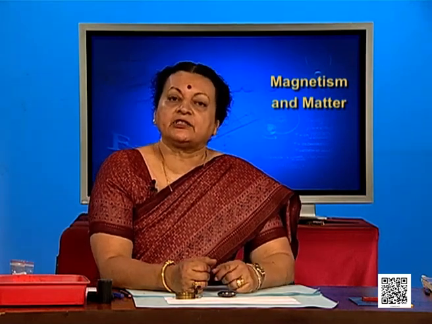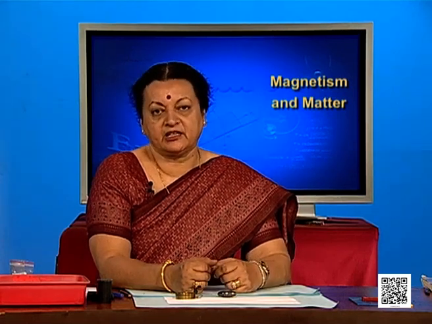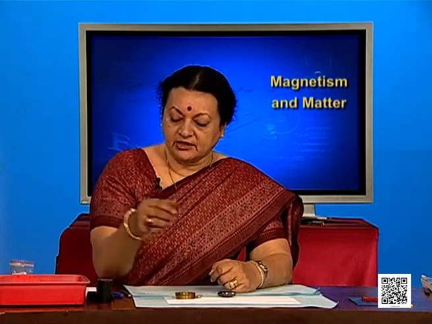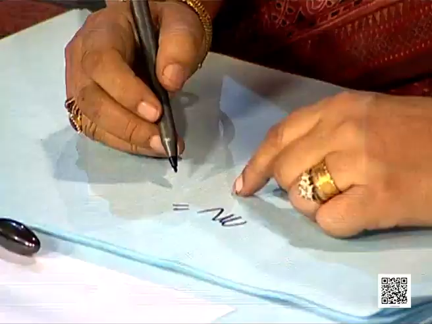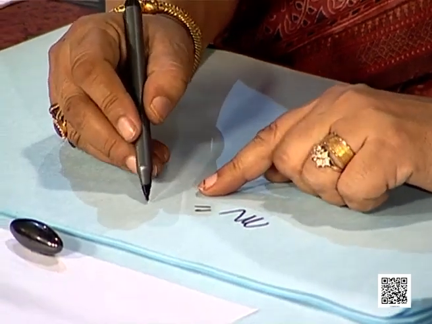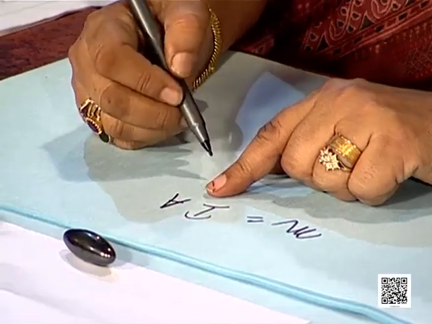Because current is associated with magnetic field, we have talked about magnetic moment, which in turn is given by m. The magnetic moment is equal to the current flowing through a loop into the area vector.